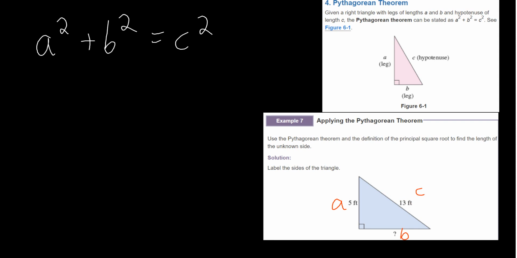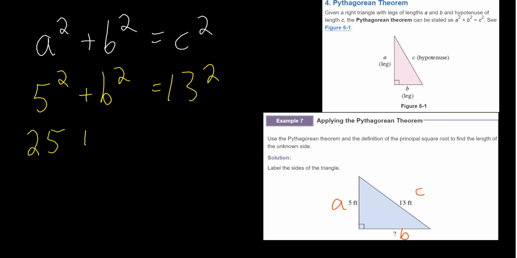We're going to say c is 13. So we'll plug those in, right? So we'll say 5 squared plus b squared is equal to 13 squared. Okay. 5 squared is 25 plus b squared is equal to 169.